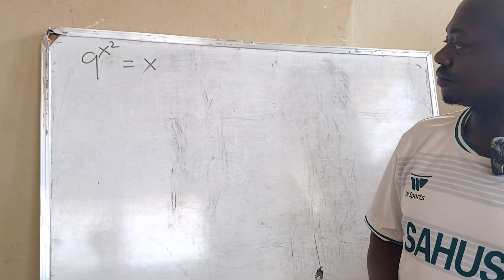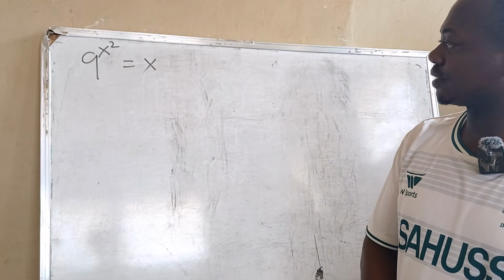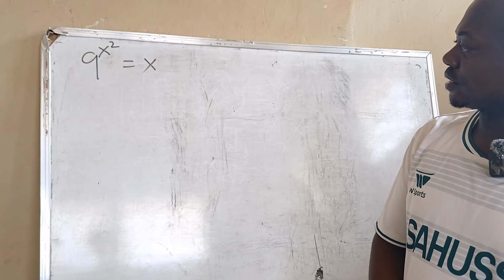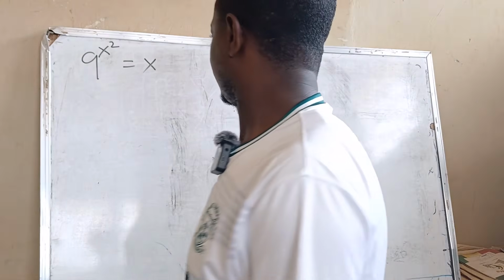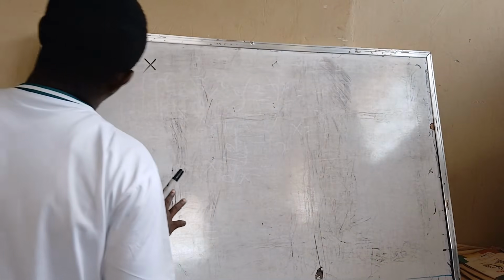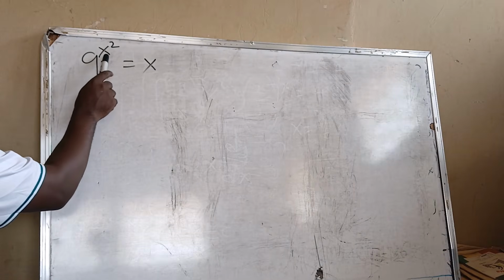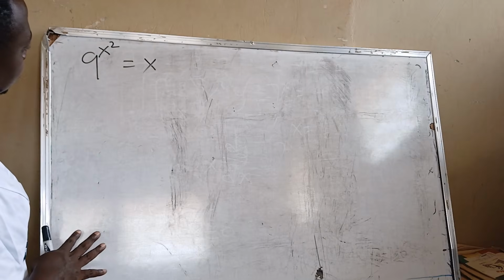Okay, now let's see how we can solve for x, given 9 raised to x squared equals x. To solve for x, first of all, let's bring this power down. So the power x squared, let's bring it down.